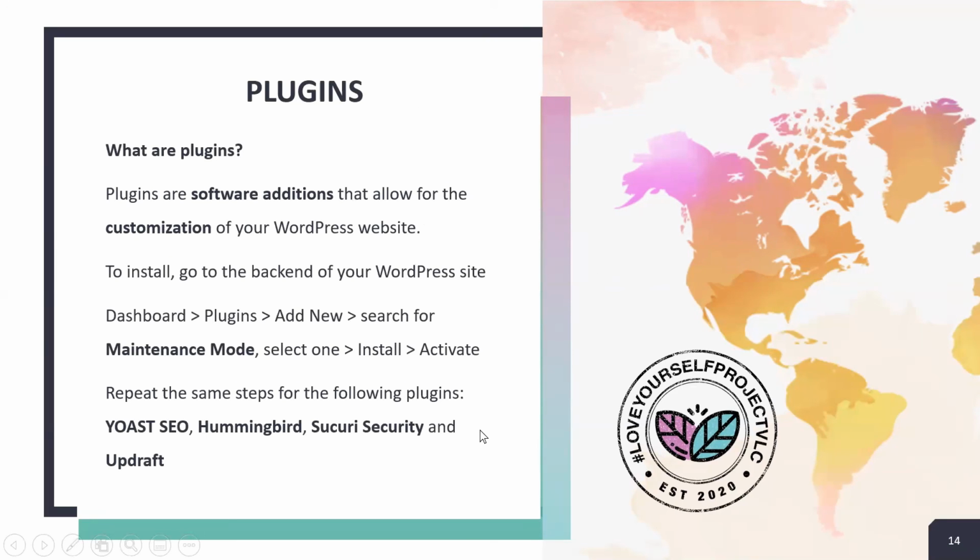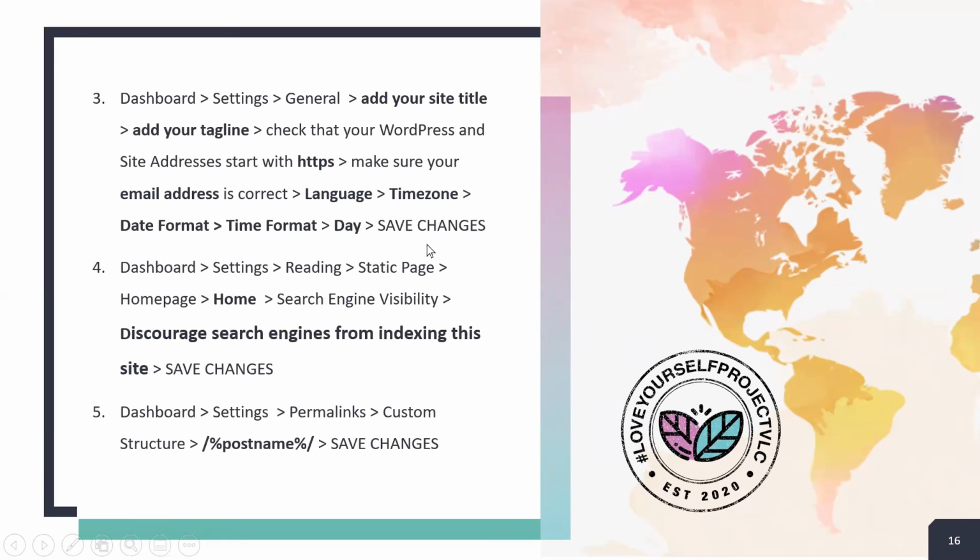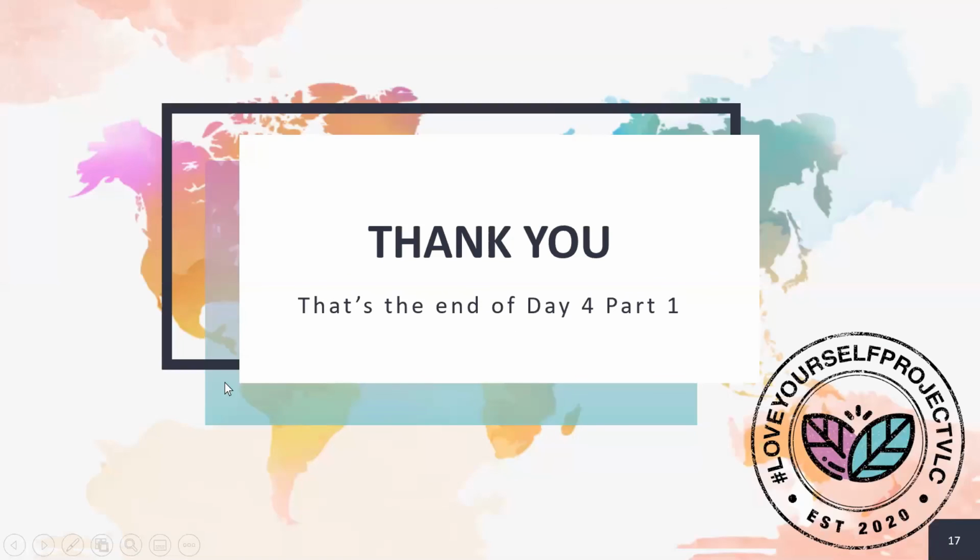We did our plugins, Yoast, Hummingbird, Sucuri Security, and Updraft. We set up the backend of WordPress where we did enable maintenance mode and did the following changes in general, in home, in our permalinks. So that's it. We did cover everything.